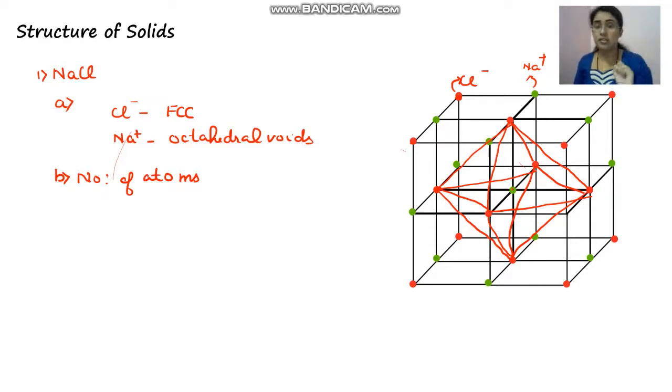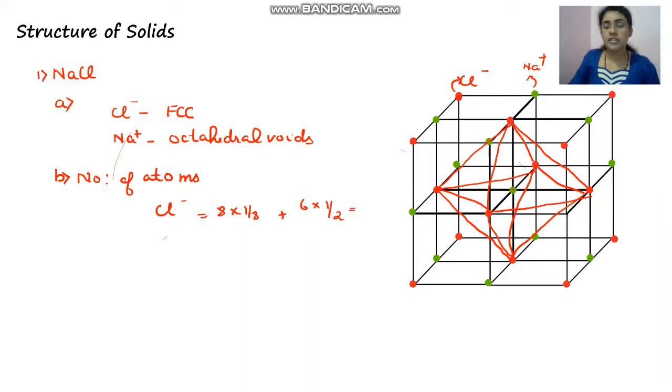Face centers means 6 faces, and each face gives a contribution of 1 by 2, so it is 6 into 1 by 2, that's 3. So totally it is 1 plus 3, that's 4. So for chloride ions we have 8 into 1 by 8 plus 6 into 1 by 2, that is 4.